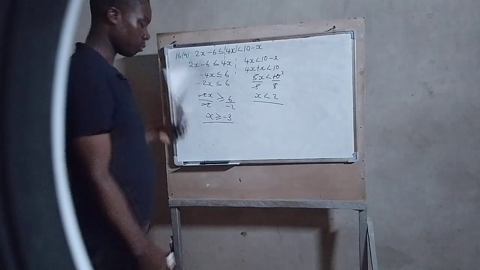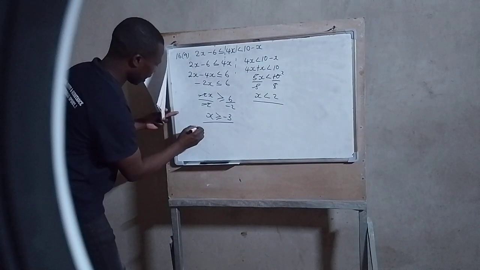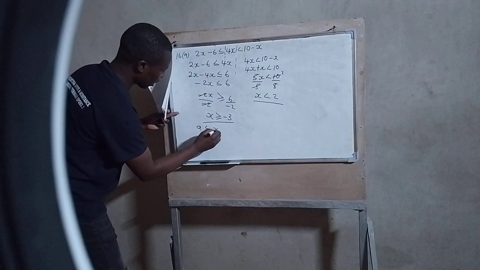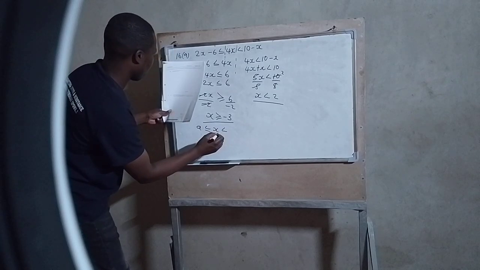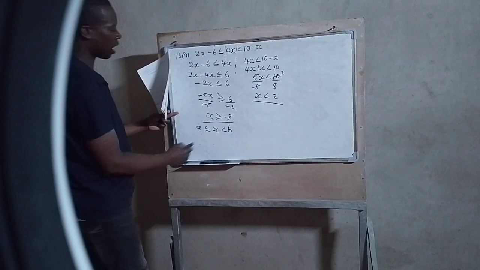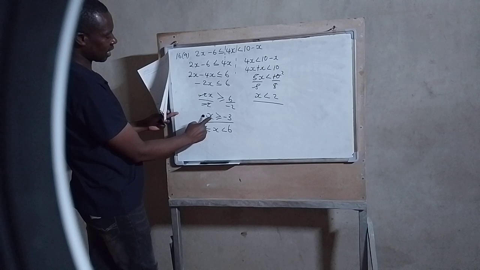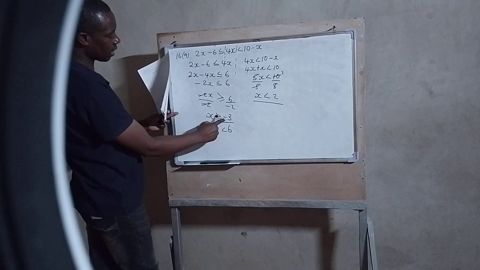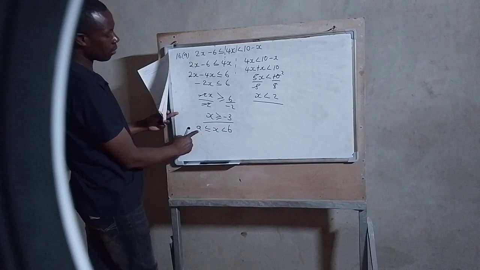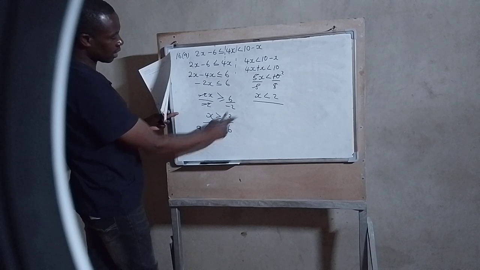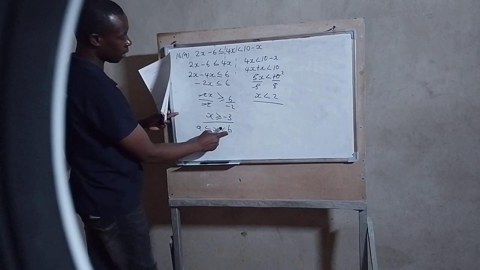Remember the form: a less than or equal to x less than b. So now x is greater than or equal to minus 3, so our a becomes minus 3. X is less than 2, so our b becomes 2.